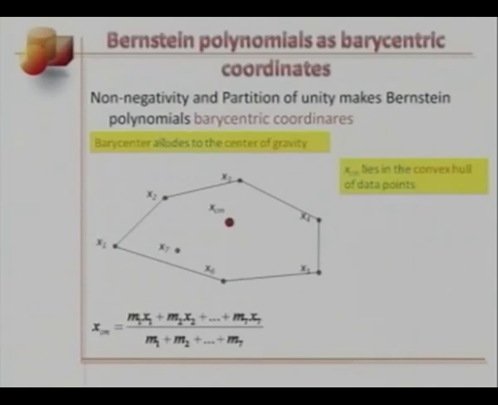If we replace all these masses by Bernstein polynomials, we have x as a function of u now, because all these Bernstein polynomials are functions of u respectively.